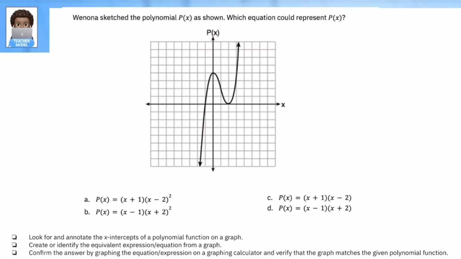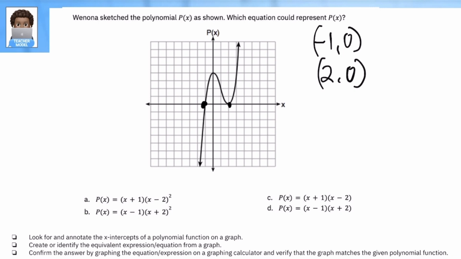All right, we're going to try one more together. And again, just taking a quick look, I'm seeing that there are 2 places where we have a cross happening, where y is 0 at -1, 0 and at 2, 0. So I'm looking for when that is true.